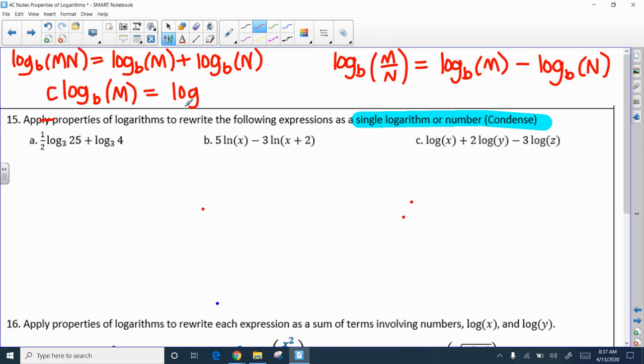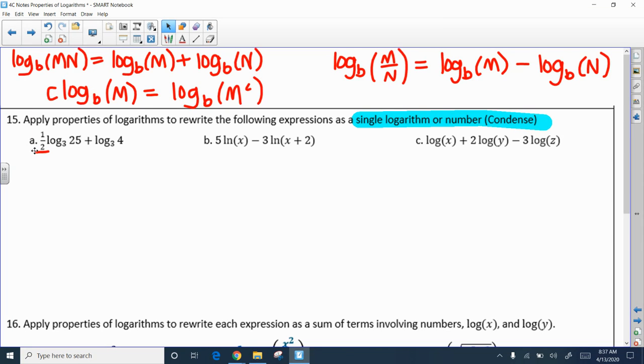So this is going to be equal to log base b of m to the c power. So we already have those three properties written down. We already used those on Friday, but those are the same three properties we're going to use today.